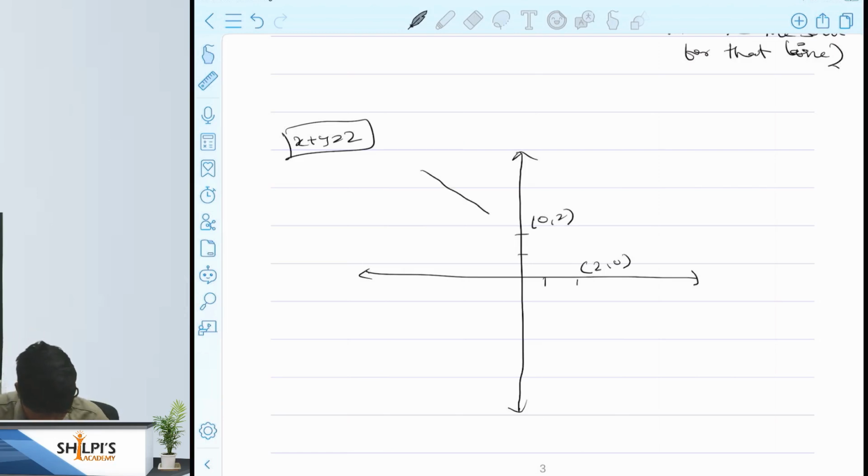So if I draw the line for this equation now, it will look like this. What points can be the solution for this equation now? In other words, what points can be the solution for this equation? That's my question.